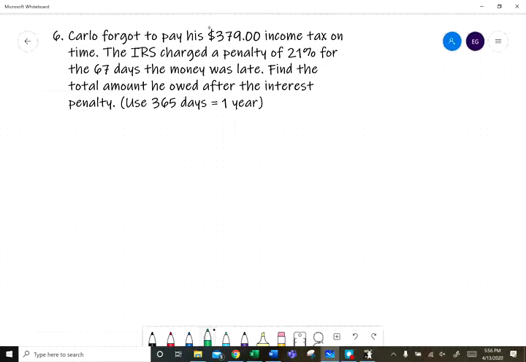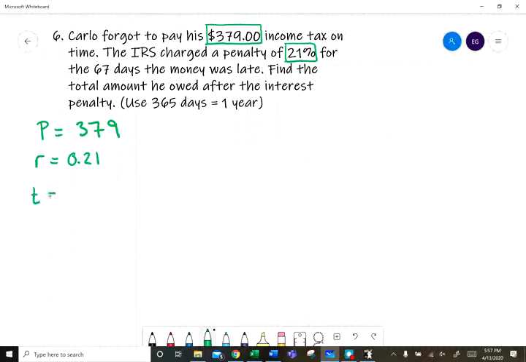All right, so he forgot to pay $379. So that was the starting amount that the penalty was charged on. Okay, so our principal amount is $379. The IRS is charging a penalty of 21%. So our interest rate is, well, we convert 21% to a decimal, divide by 100, that gives us 0.21.